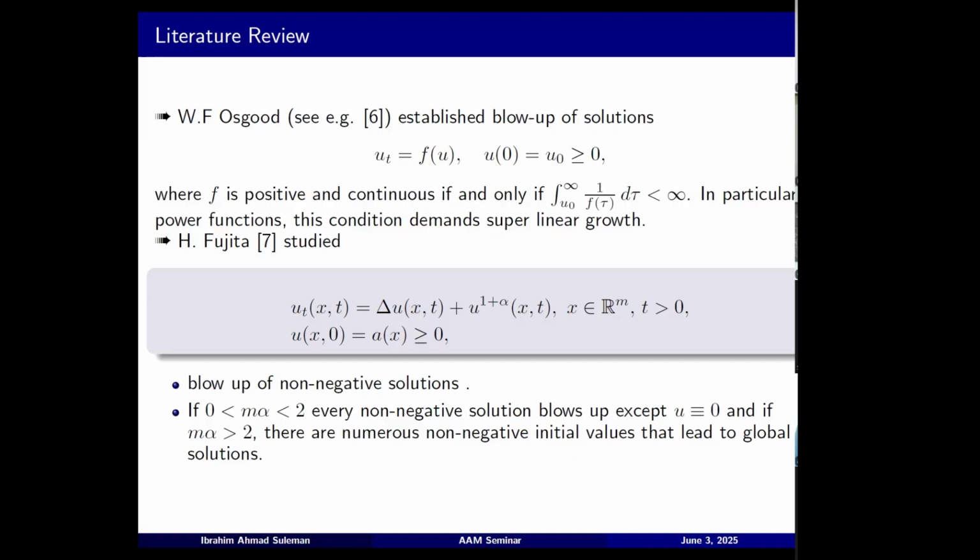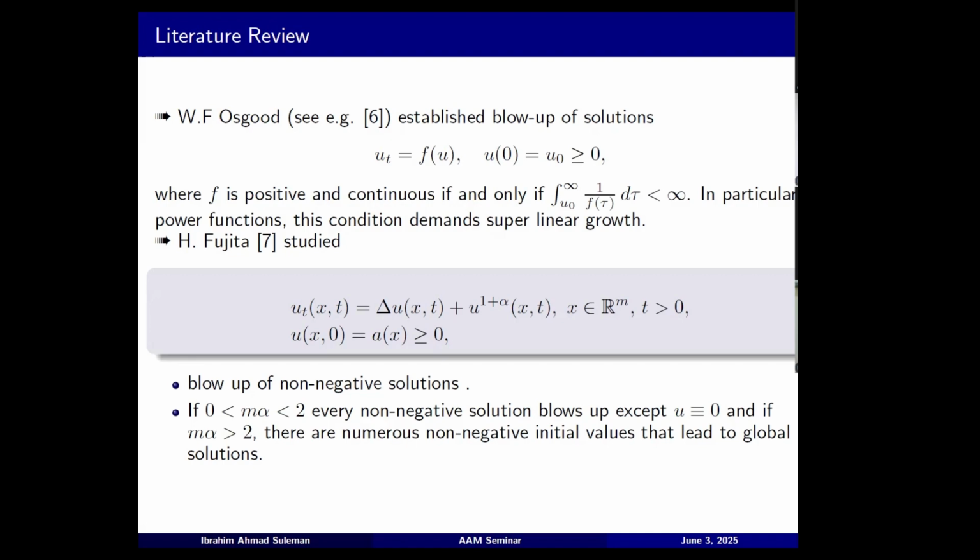But not only power functions satisfy this in the literature, you can see exponential functions, though power functions are more common recently. And this can be seen also in the classical work of Fujita on the heat equation. As you can see, his choice of the nonlinear term here is u raised to the power of 1 plus alpha, alpha strictly greater than 0, so that you can see some connection to Osgood's previous condition.